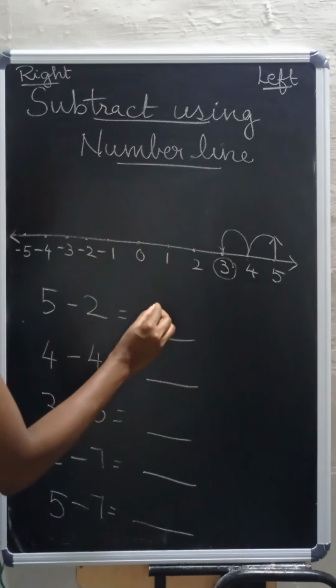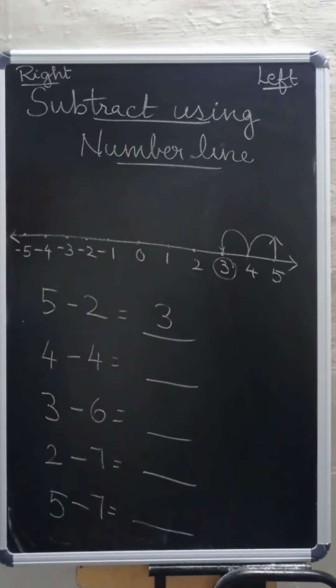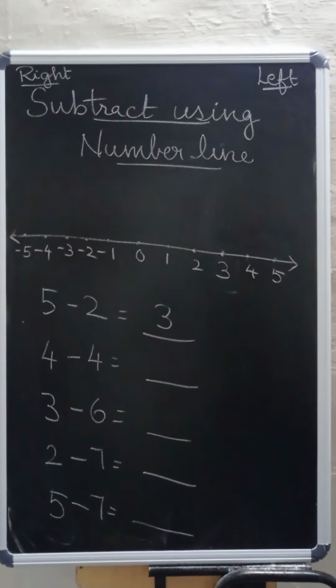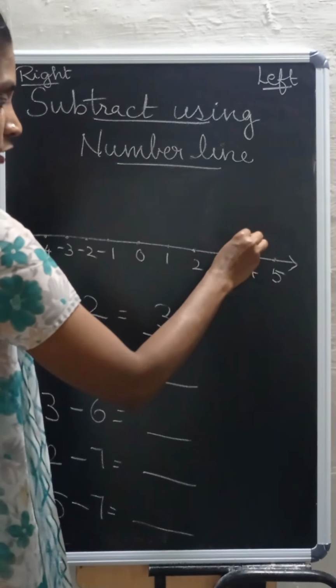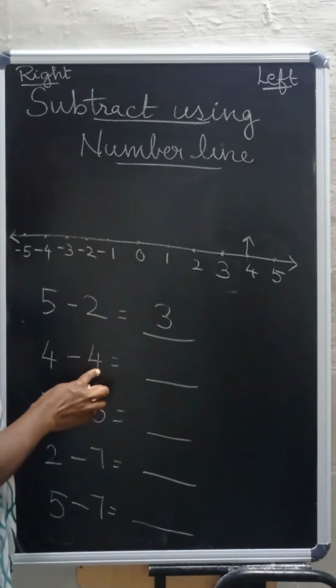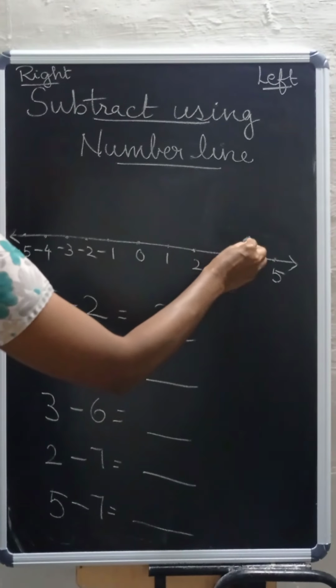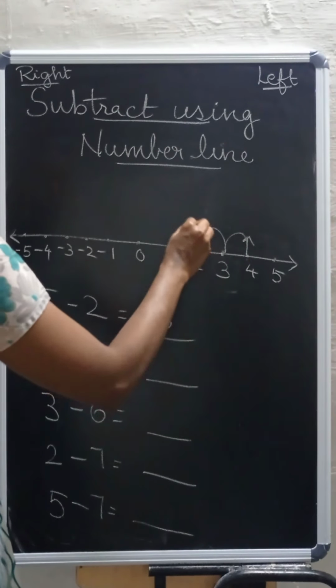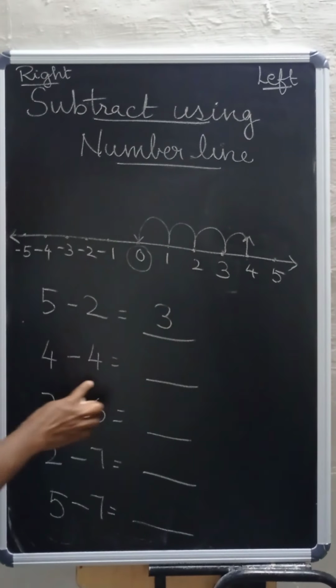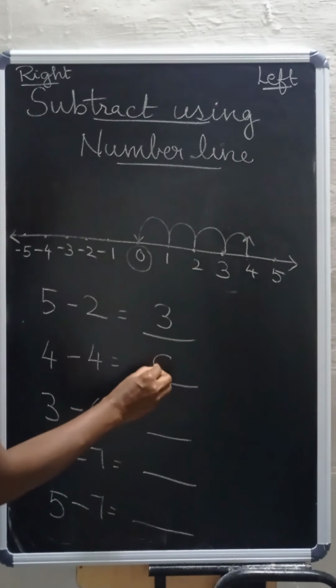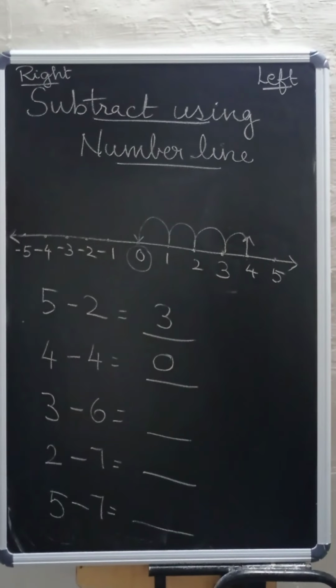So 5 minus 2 is equal to 3. Next, 4 minus 4. I am standing on 4 minus 4. So 4 steps. 1, 2, 3, 4. So I come to 0. So 4 minus 4 is equal to 0.